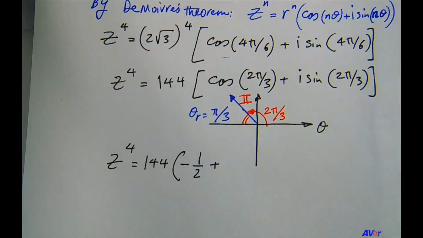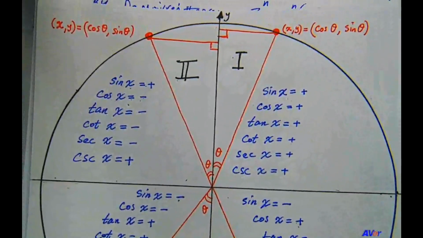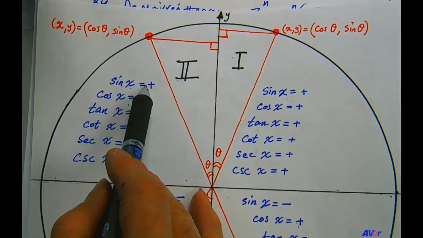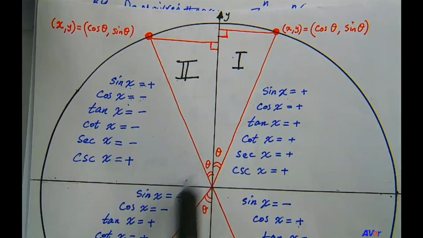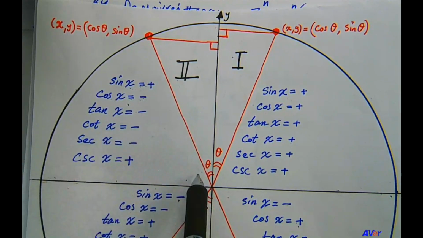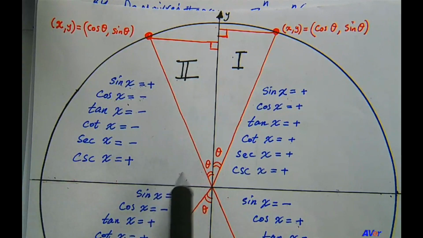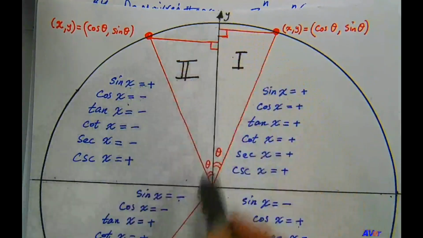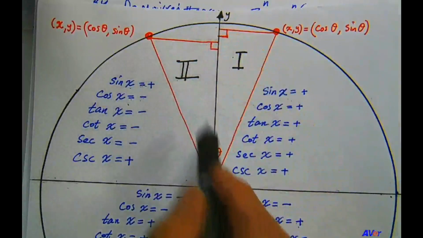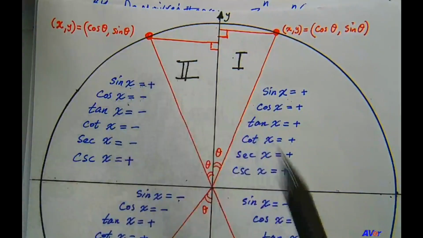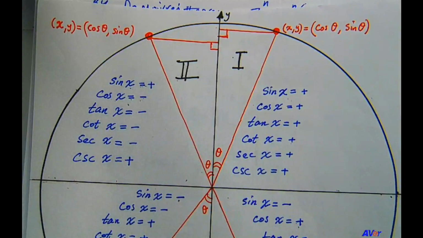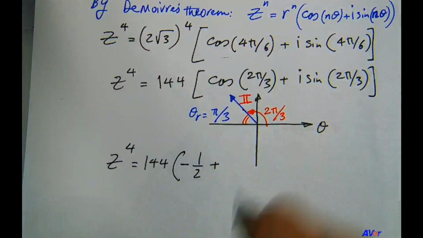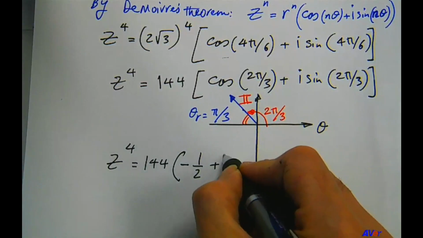In the second quadrant, the sine is positive again, right? Because the reflection of the sine of the reference angle, which is pi over 3, falls along the y-axis. And the y-axis is positive in the first and the second quadrant. So we'll have positive square root of 3 over 2.